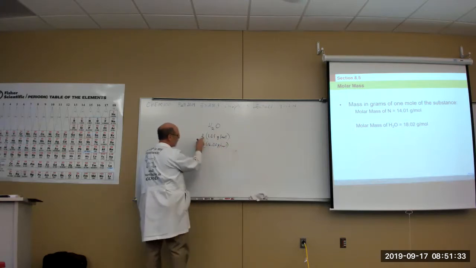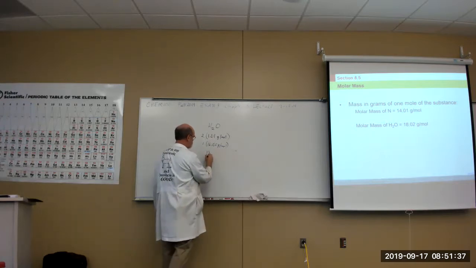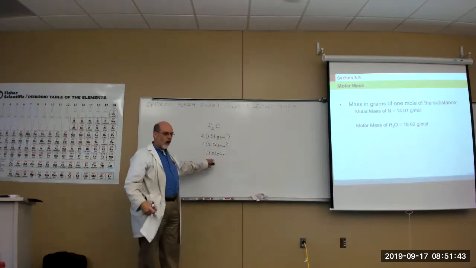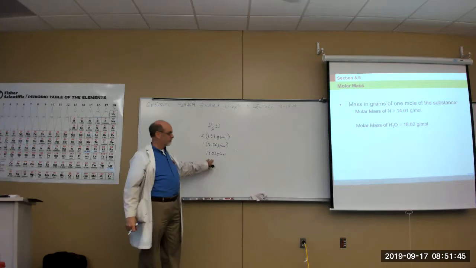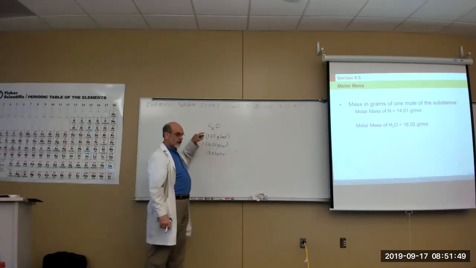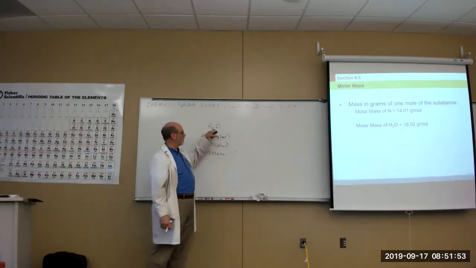So if you multiply that and add it to this, you get 18.02 grams per mole. Now that's how much a mole of water molecules weighs. Not individual atoms or elements, but the compound itself weighs that much per mole of this many molecules.